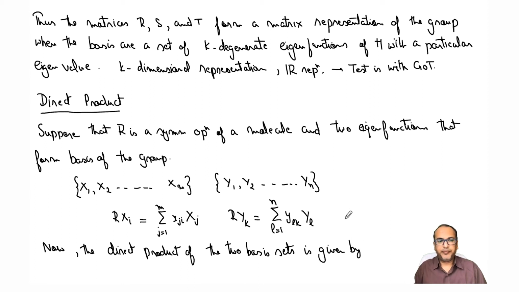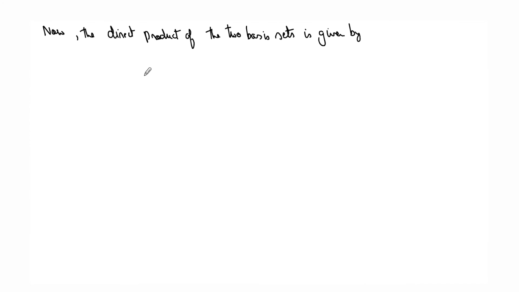What you have to do is basically multiply each element of one basis set with each element of the other. So that is x1 y1, x1 y2, x1 y3, going all the way to x1 y_n.